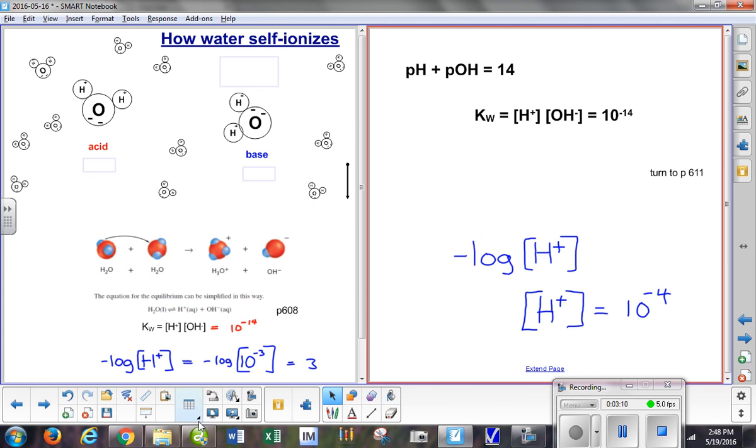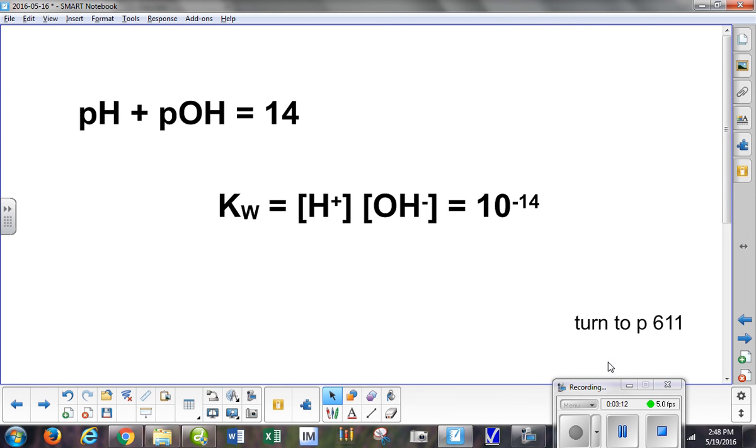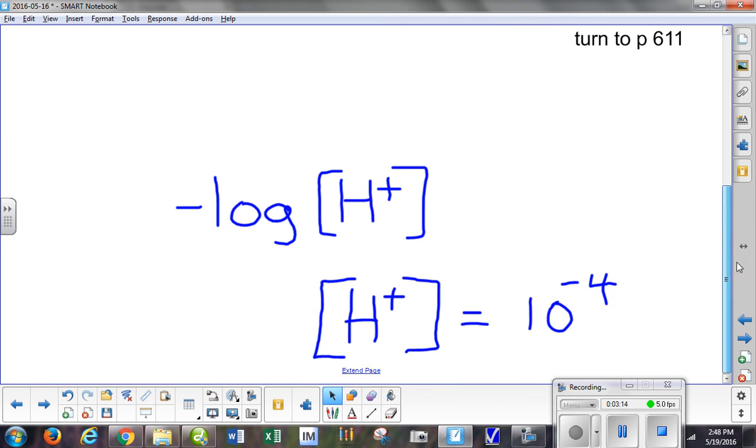Let's use this right-hand screen now to talk to, and I'm going to go down to the bottom of that. Minus log of the hydrogen ion concentration is going to be what? What does that mean? What's the definition? This is equal to what? Oh, this is pH, folks. Okay, that is your pH.